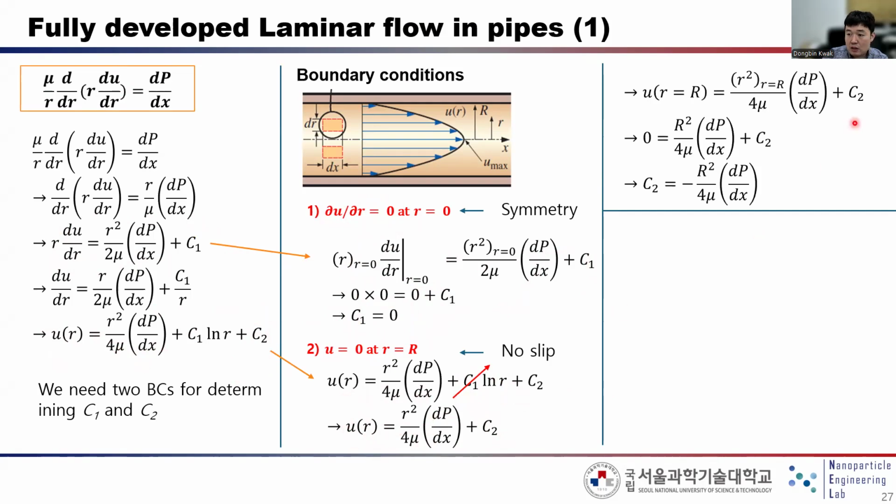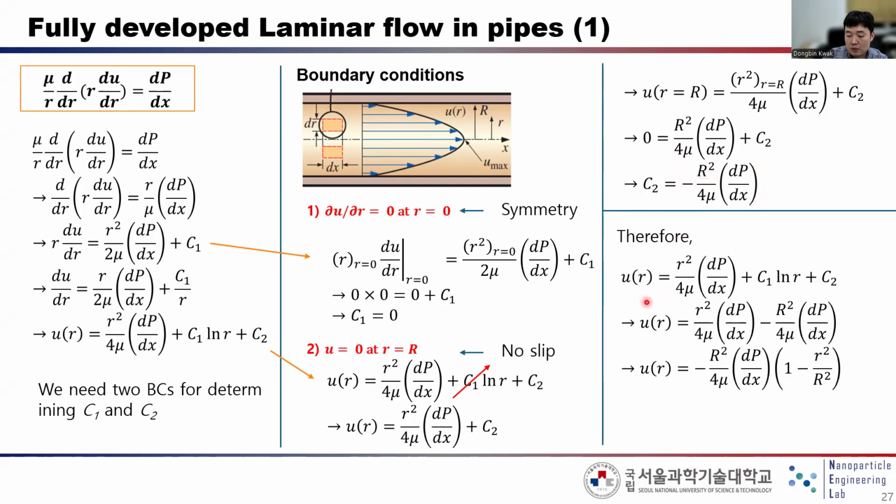Then we plug in r equals large R, the radius of this tube, and you will get the C2 value as well, like this.